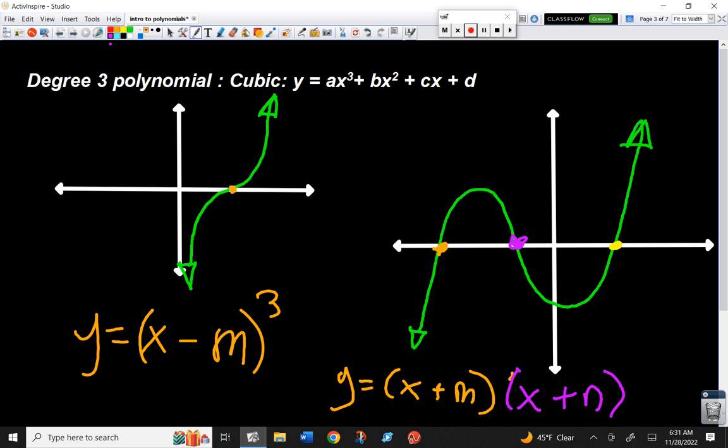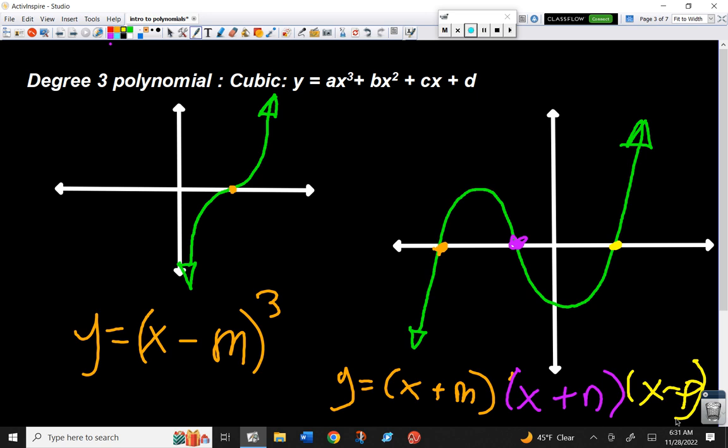It's still on the left-hand side. Then I have my third root. And my third root, ladies and gentlemen, is going to be written as x minus, I don't know, we'll call it p, just because I'm going in alphabetical order. But yeah, notice that the yellow dot is on the right-hand side, so we get a minus p there. And this is what this equation would look like. And of course, we could multiply it out.